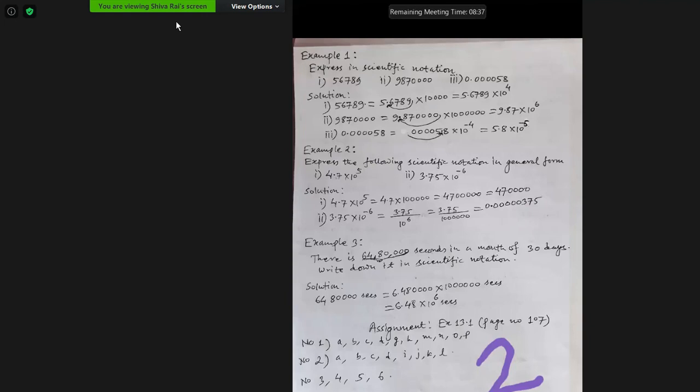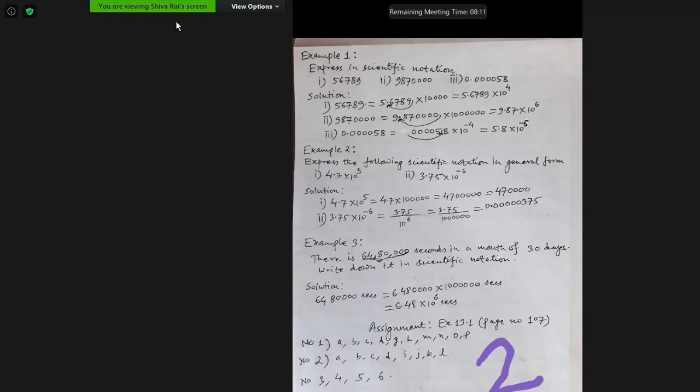If you write the decimal in between 9 and 8, it becomes 9.87, which is less than 10. But how many places are we shifting the decimal? 4 places, then 5 places for the 7, and 6 places for the 8. So you multiply by 10 to the power 6.